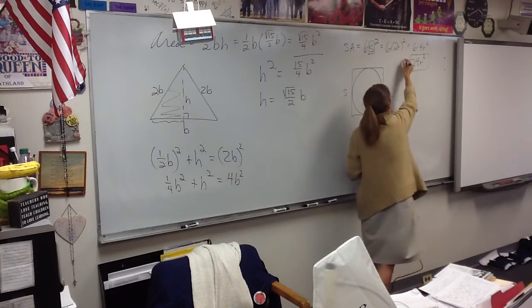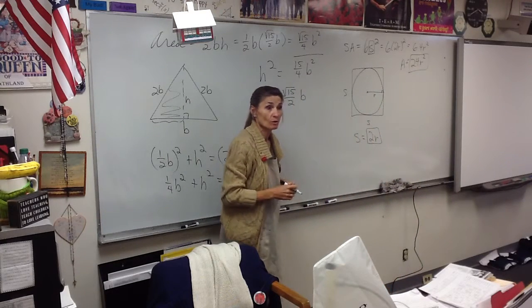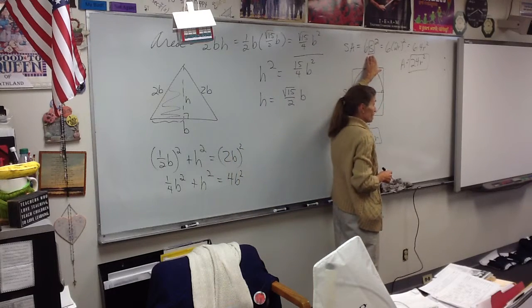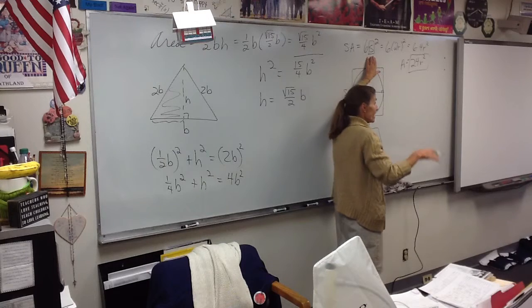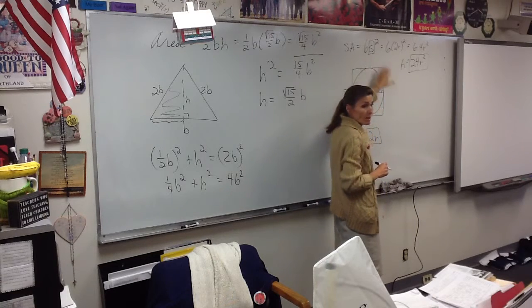So there's your formula in terms of the radius of the circle. Again, there is nothing wrong with this formula. They defined the variable though, and they said they want us to use r, not s. So we had to rework it.